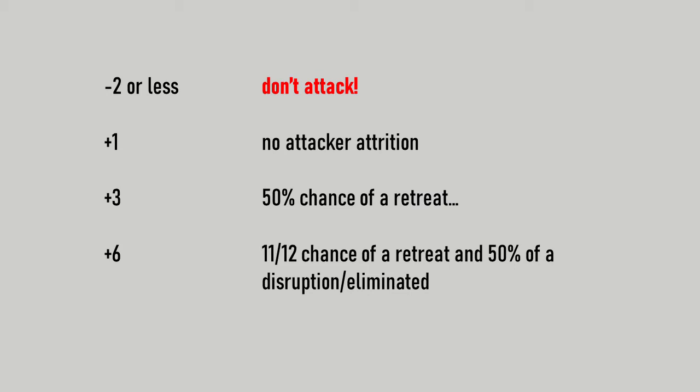The number you're looking for as an attacker is a +1. This has several advantages. For the Germans, it means that there's no danger of an attacker attrition result, which the Germans hate. An attacker attrition opens up a possibility for a counterattack because the Allies will take their turn before the Germans get a chance to repair the unit.